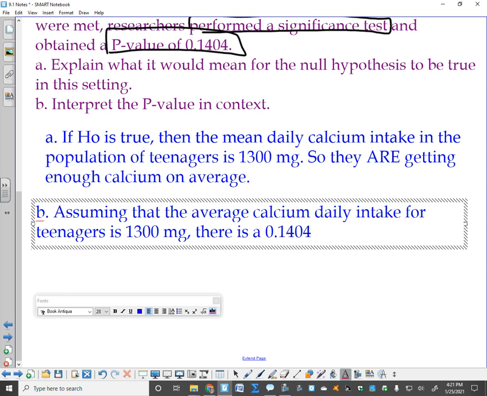There is basically a 14% chance that the ladder fell on Miss Patterson and killed her dead by chance.